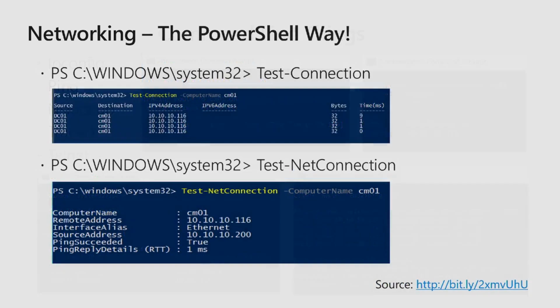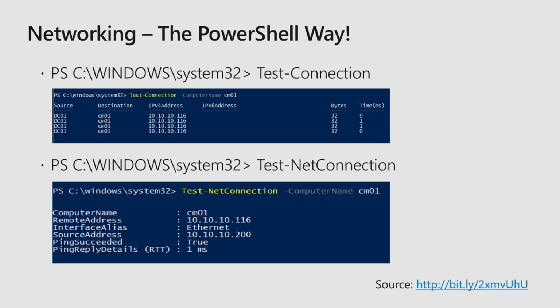Now with PowerShell, all of that stuff is replaced by these cmdlets. Simple, easy. It does all of that stuff for you in one shot. Okay? So there is a cmdlet called Test-Connection. Pretty cool. But now there's a newer cmdlet called Test-NetConnection.